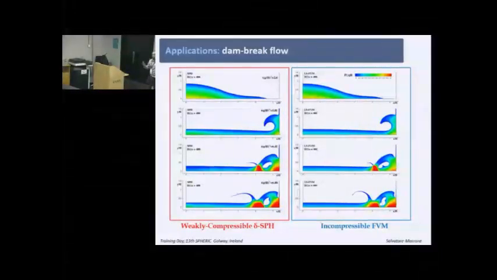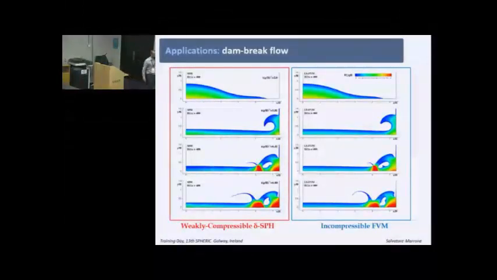The two solutions are practically the same. This is very important because people say that you are weakly compressible, so you are introducing some unphysical effects. Actually, we are just decomposing the acoustic part and the incompressible part, and you can see that if the things are done in a correct way, the two solutions are really equivalent.